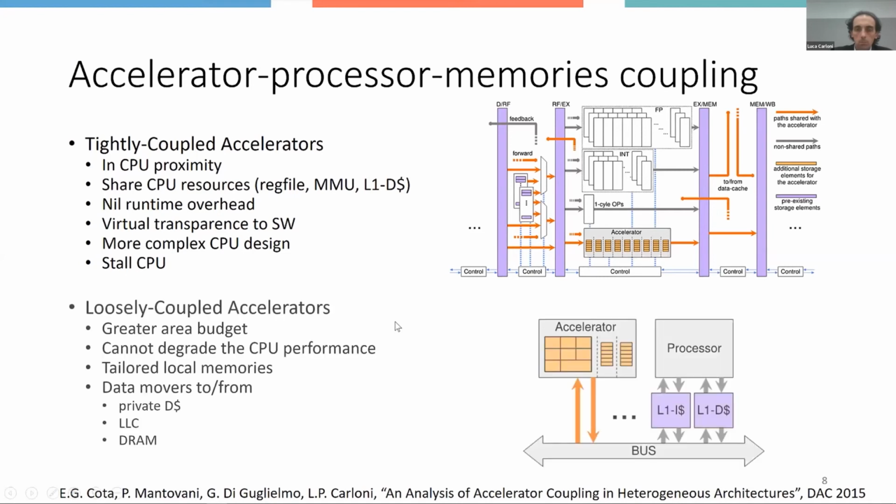The second class of accelerators is the loosely coupled accelerators. They have a greater area budget. They cannot degrade the CPU performance, and with loosely coupled accelerators we are able to tailor their local memories. Much more, we can move data between the accelerator, the private caches, last level caches, and DRAM.